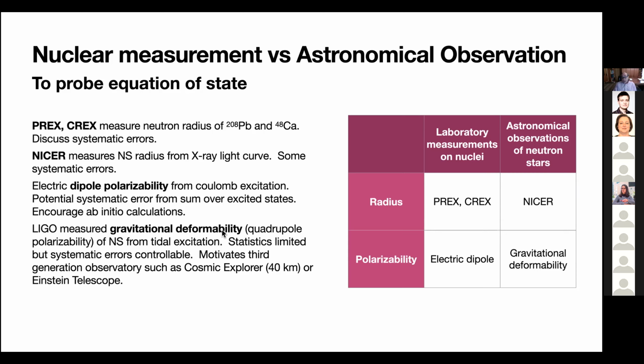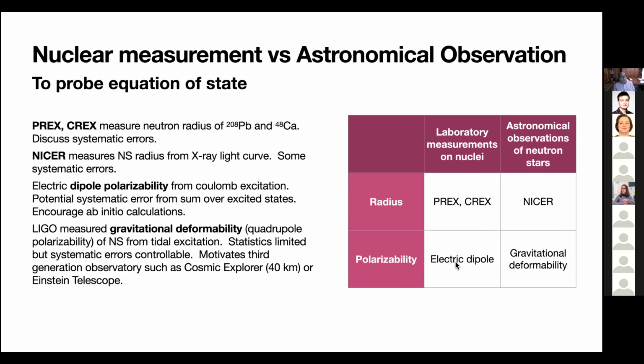That's the terminology in the gravitational wave field. Perhaps in hadron physics, the same quantity is the quadrupole polarizability. So LIGO is measuring the quadrupole polarizability of a neutron star with tidal excitations, and one can measure the electric dipole polarizability of a nucleus in the laboratory with Coulomb excitations.